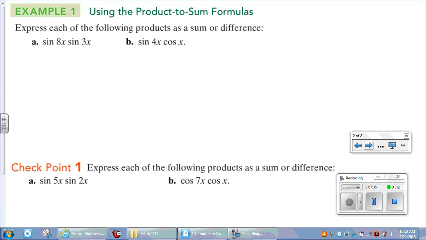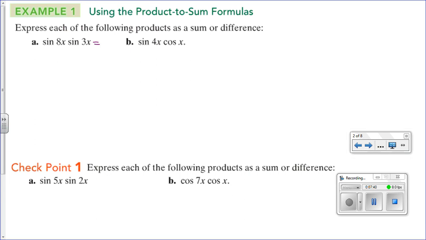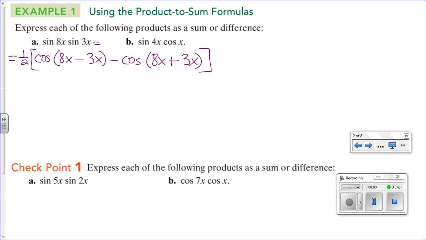Formula 1 states that to find this expression, we will need 1/2 of the cosine of the first angle, which is 8x, minus the second angle, which is 3x, minus the cosine of the first angle, which is 8x, plus the second angle, which is 3x. So that's what we need to do for part A.